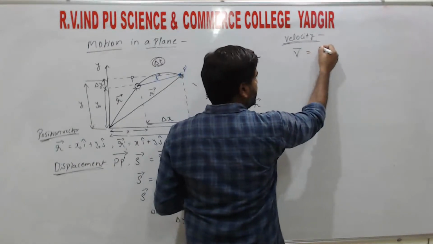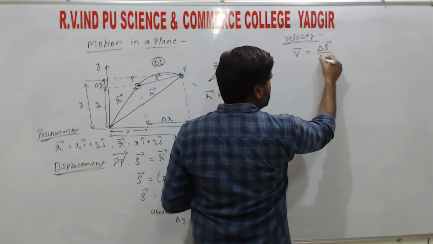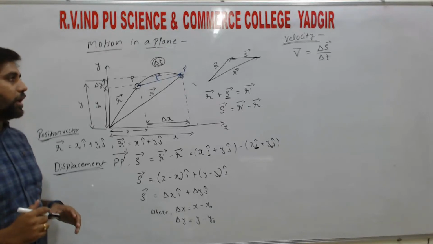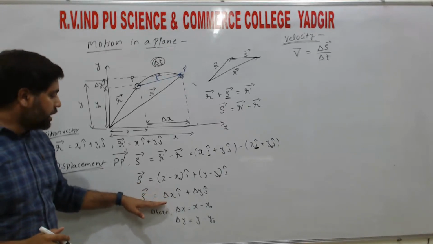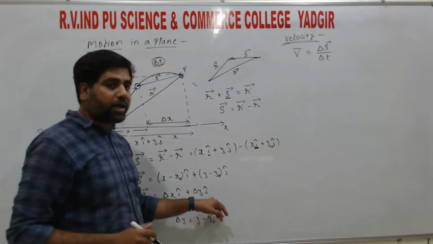Average velocity is equal to the change in displacement over the time taken, delta s by delta t, right? So delta s is delta x i cap plus delta y j cap. Substituting here, in place of s we write delta x i cap plus delta y j cap.